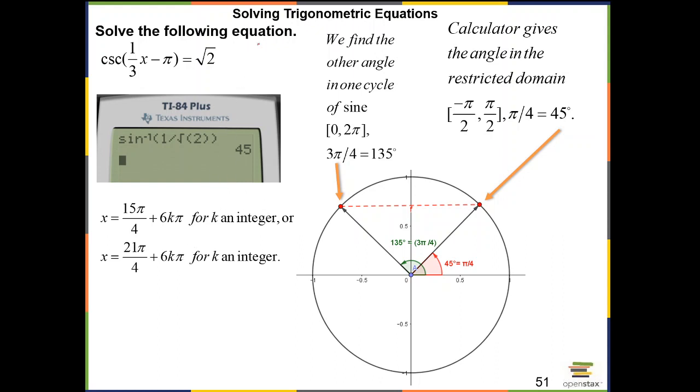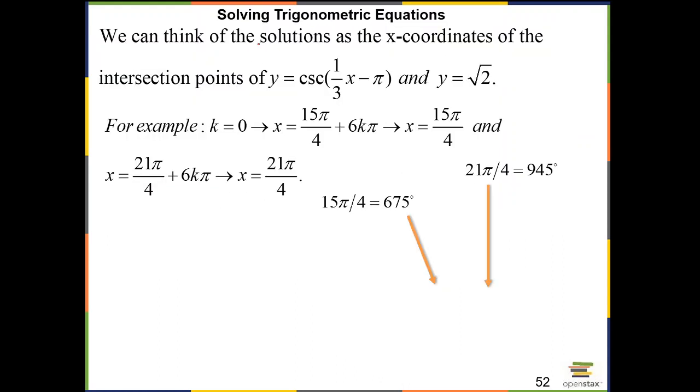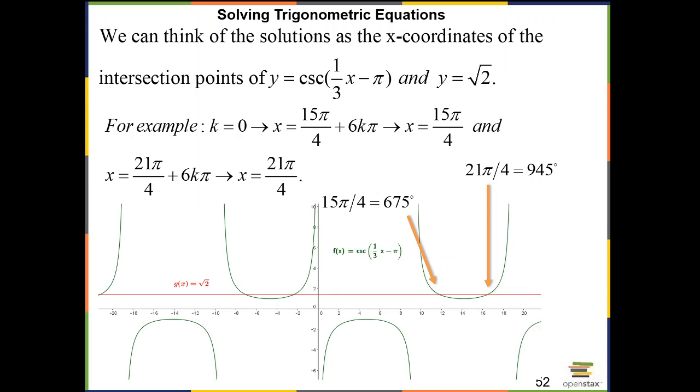So now, if you again think of solutions of this equation as the intersection of cosecant and square root of 2 as two separate functions. Cosecant is this green one, right? And this solution, y equals square root of 2, is this horizontal red line here.